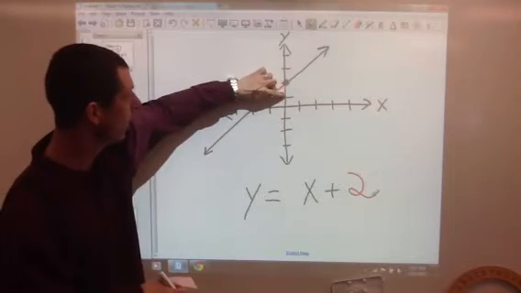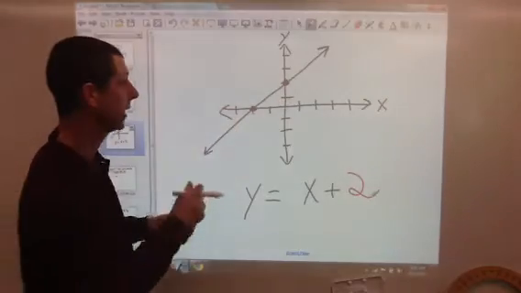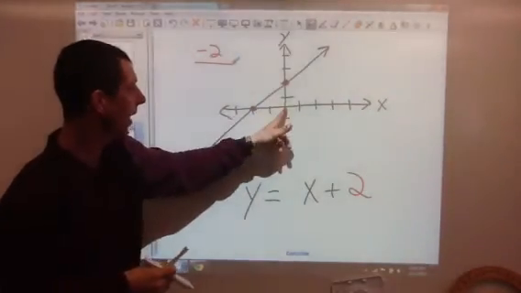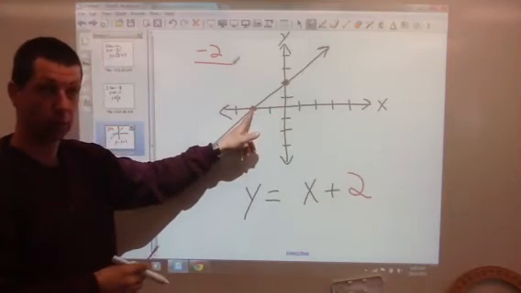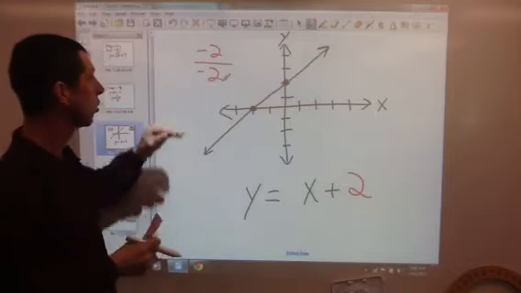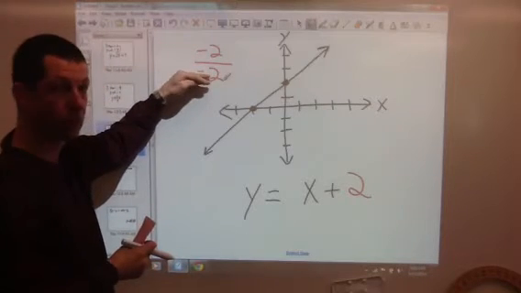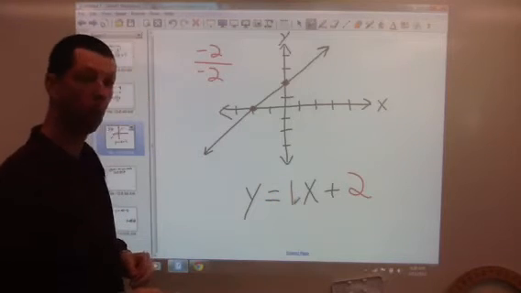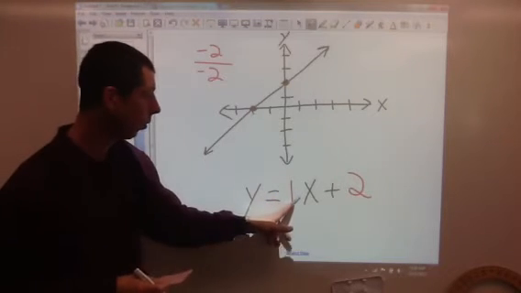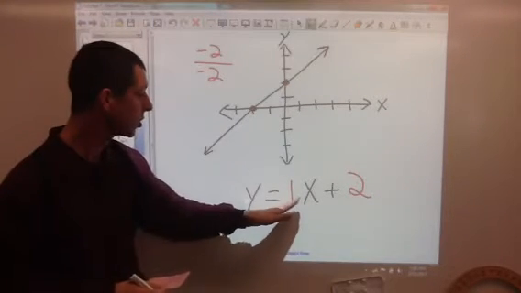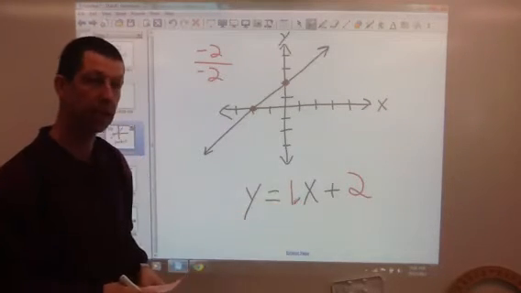Well, we have to go down 2, so the change in y would be -2. And we have to go to the left 2, so that would also be -2. So -2 divided by -2 is +1. So it would be like 1x. Now, do we need the 1 there? No. 1x and x are the same thing, so we could just leave this as x.